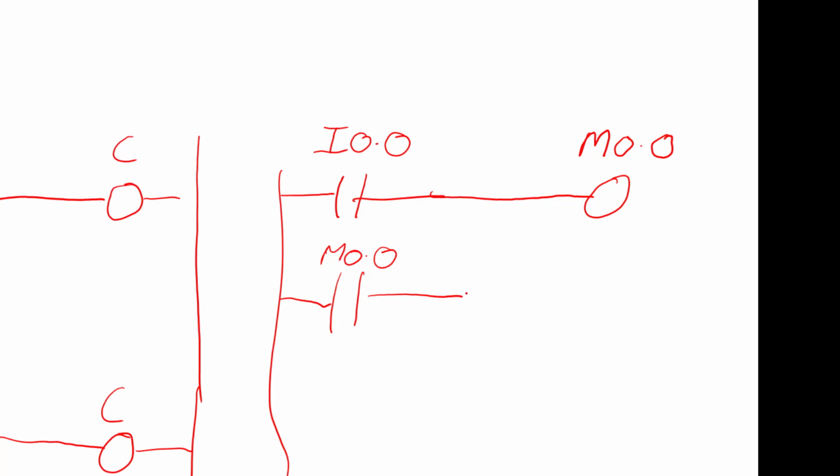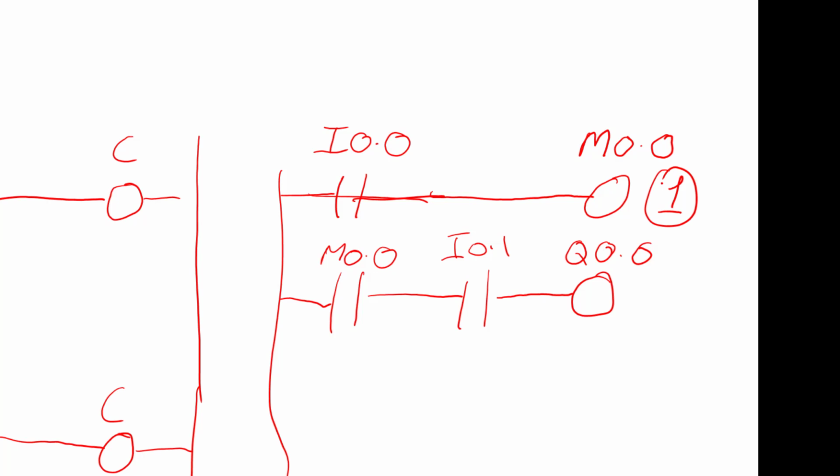So then we could, let's say we put input 0.1 there, and then we go to Q0.0. Now if input 0.0 is made, that would make that, so this becomes true, or 1. So this becomes 1 here as well, so that's made.